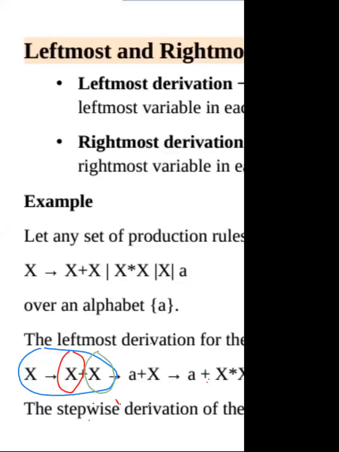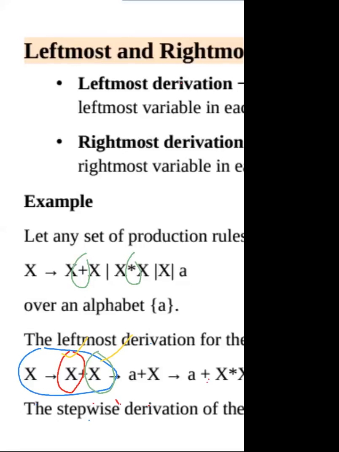Mind it, plus is terminal. Plus and multiplication sign, these are terminals. So on the right hand side we have two non-terminals, both of them X, and one terminal, that is plus. Now the question is, in the second step, which X is to be replaced or explored: the first X or the second X?